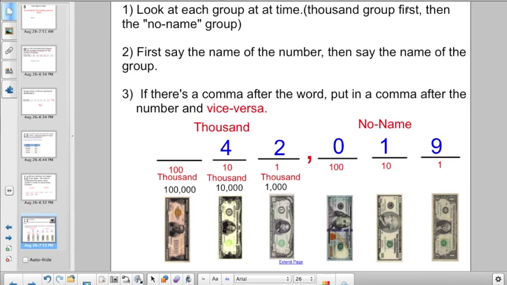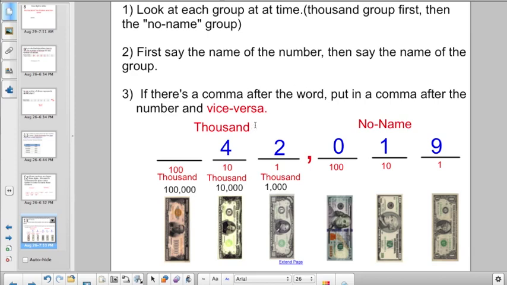Look at the 1,000 group first, and then the no-name group. First, say the name of the number, then say the name of the group, if there is one. No name, I call it that because we don't say a group name after that, right? And I always say this, if there's a comma after the word, put in a comma after the number, and vice versa. If there's a comma after the number, you also put in a comma after the word.